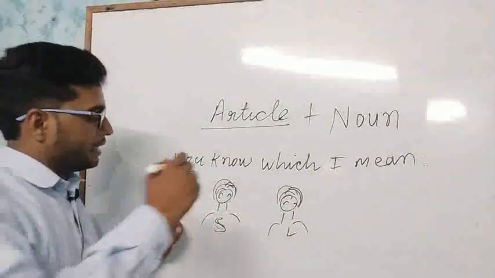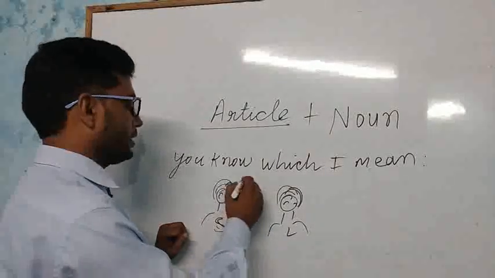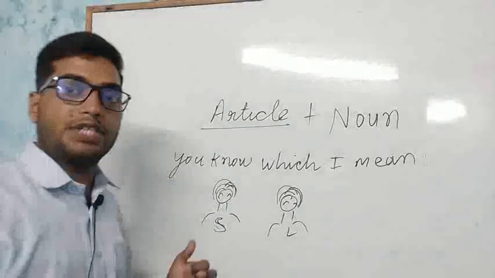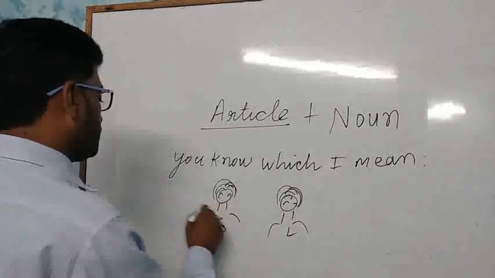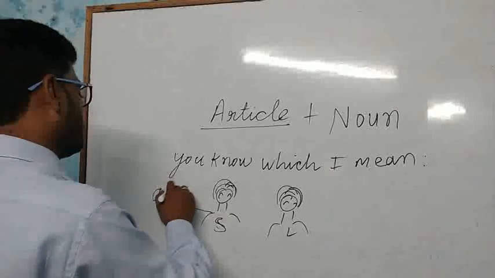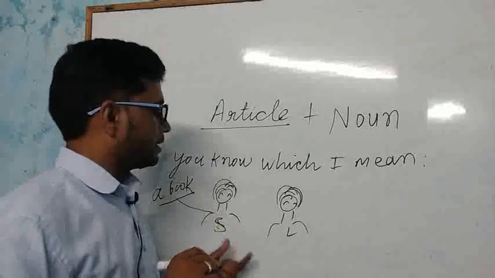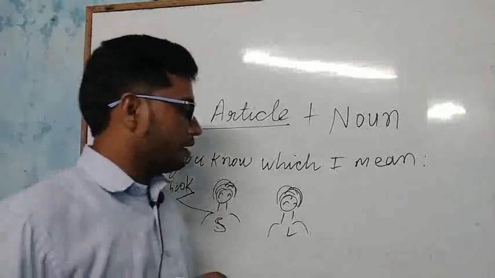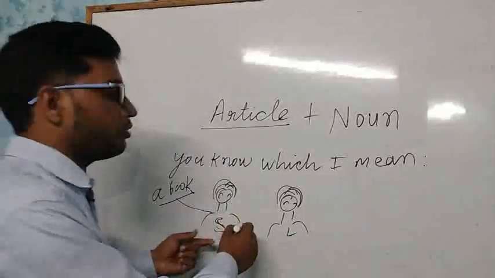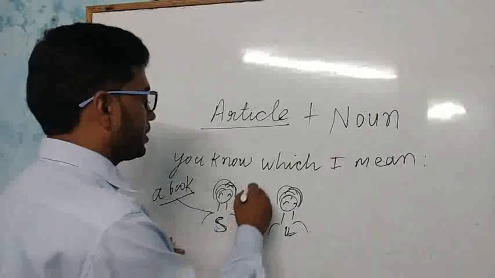If the speaker says a book, if the speaker says about his book that is in his home, if he says I have a book, it means a book. But when the speaker says have you returned the book, it means the book that is available between speaker and listener.